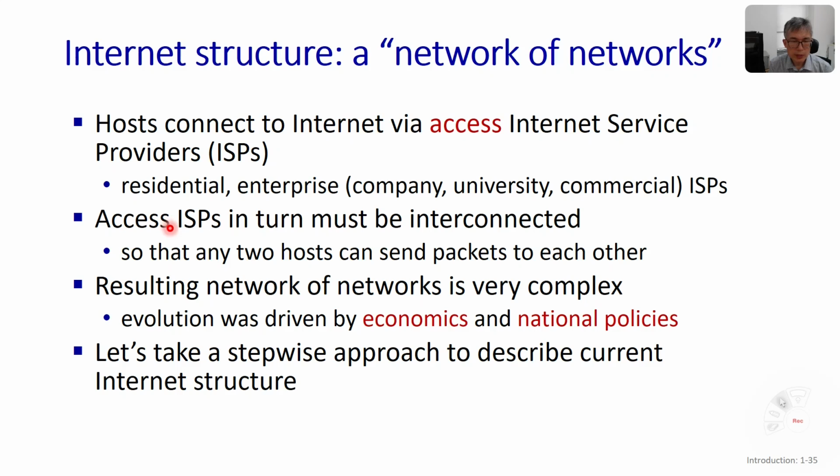Access internet service providers in turn must be interconnected, so any two hosts can send packets to each other. The resulting network of networks is very complicated. Its evolution was driven by economics and national policies. Let's consider a stepwise approach to describe the current internet structure.